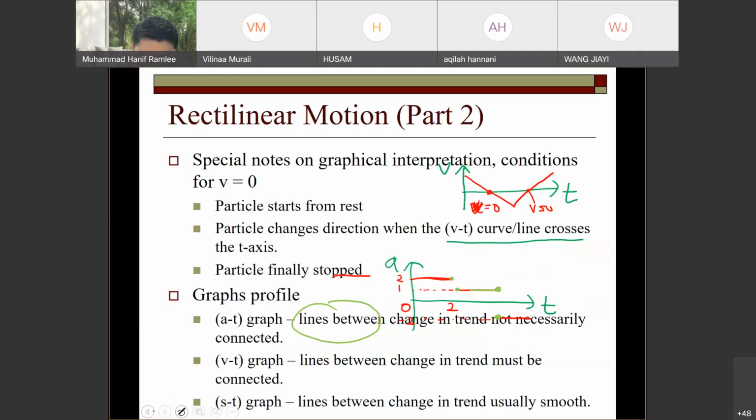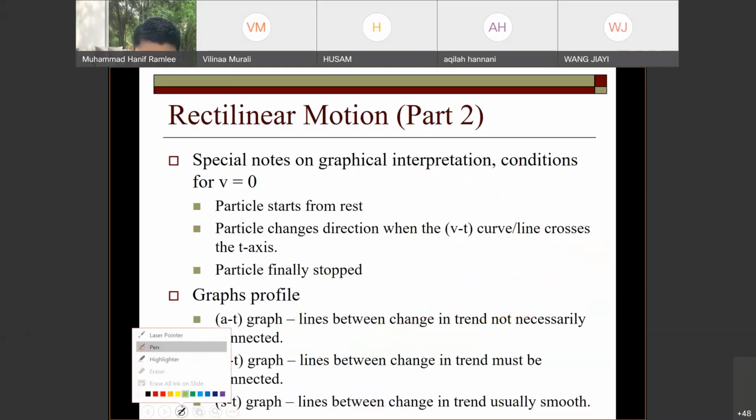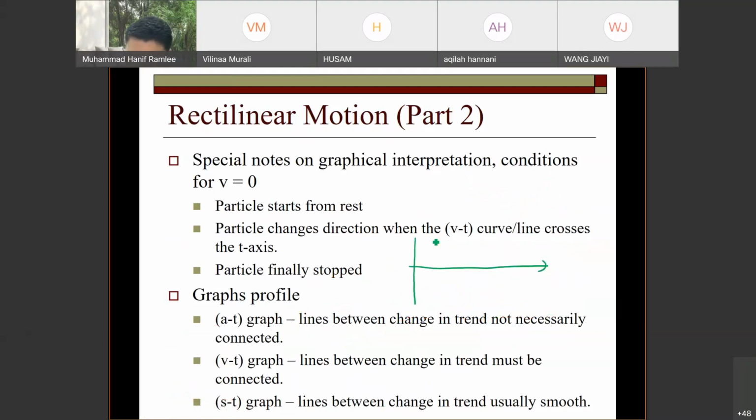All right, the second one is the VT graph. Lines between changes in trend must be connected. So VT should always be connected. For example, let's say the graph is like this, from 0 until 1 here and until 2 here.